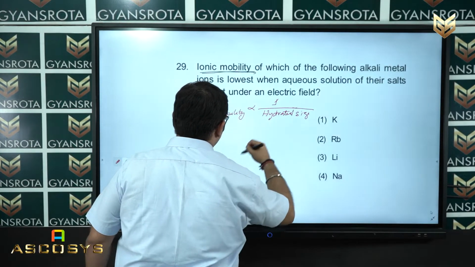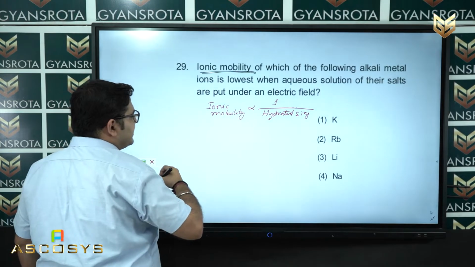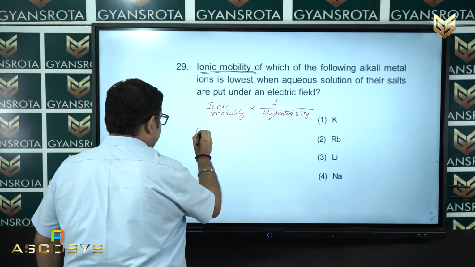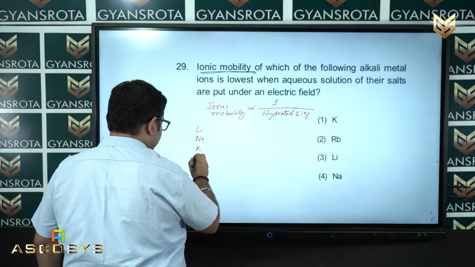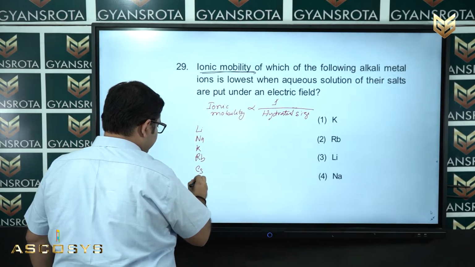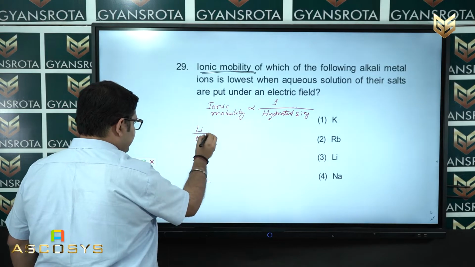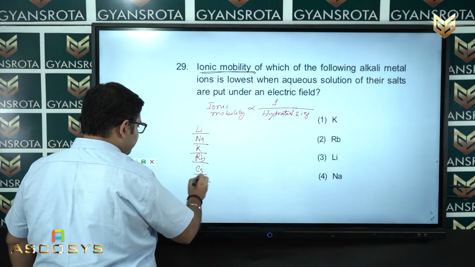When size is bigger, the mobility decreases. Now, if you see Li, Na, K, Rb, Cs, this is the normal trend.